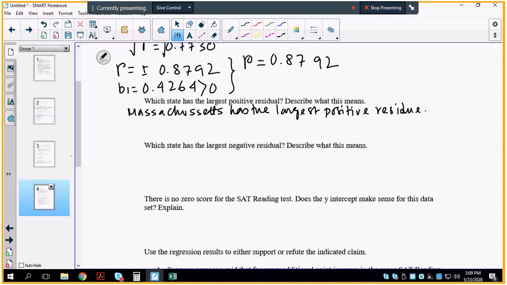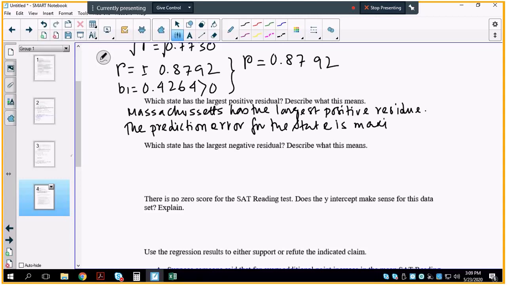And again, what it does mean is the prediction error for the state is maximum.